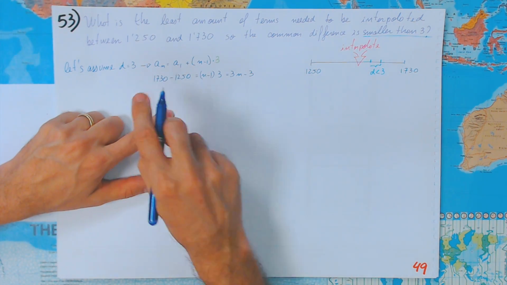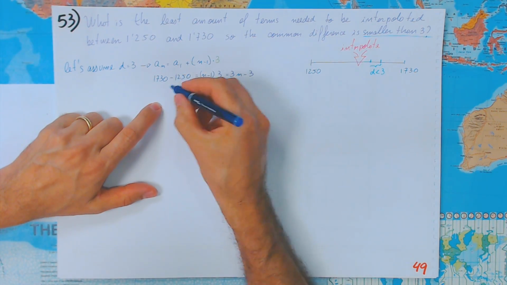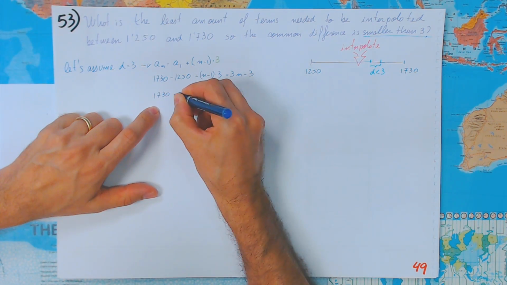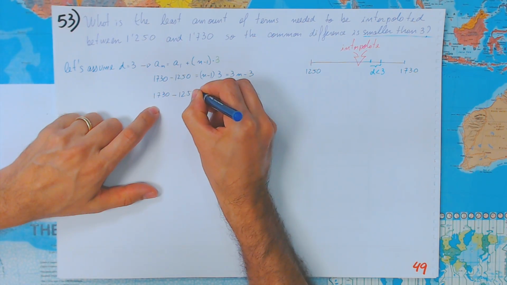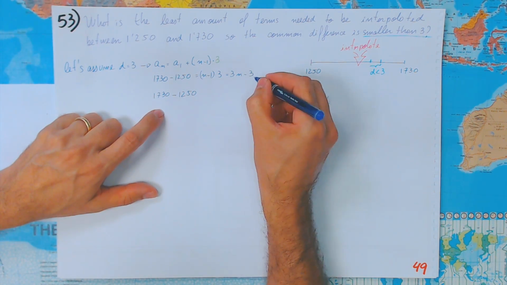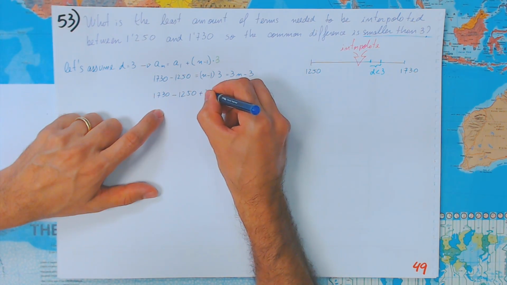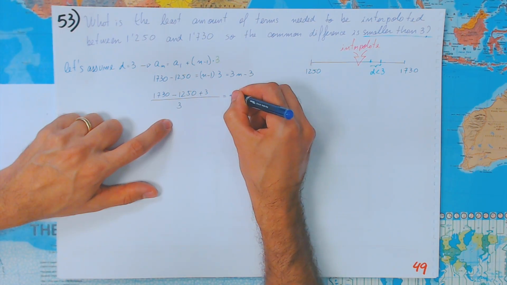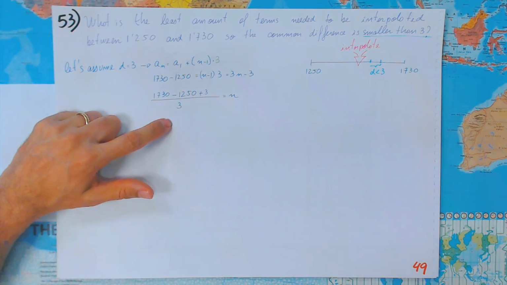The 3 goes to the other side, so we're going to have 1730 minus 1250. This we are going to also add 3, and then we're going to divide by 3. This is going to be n. Okay?